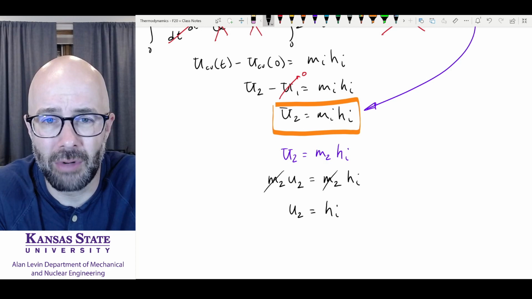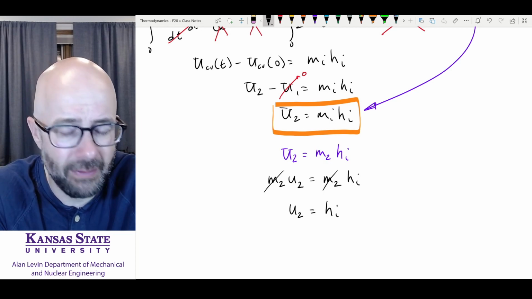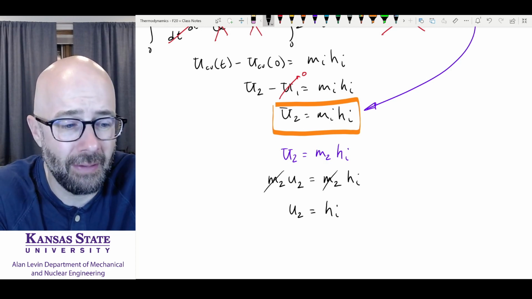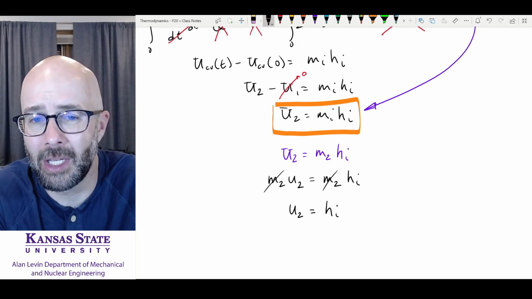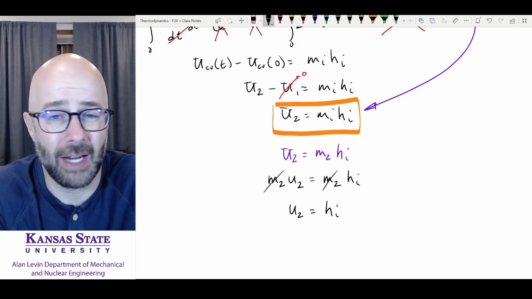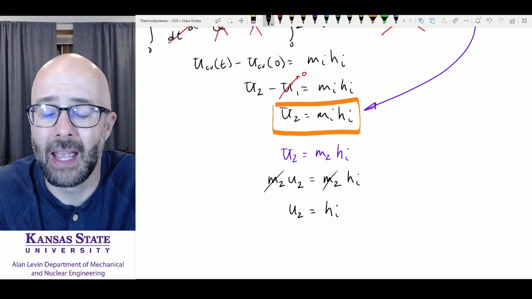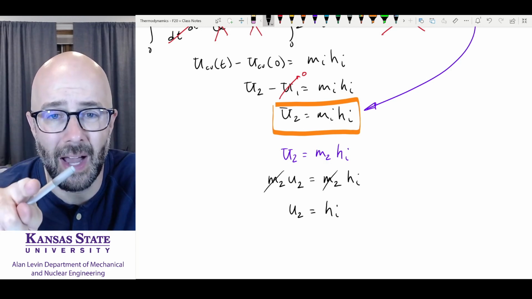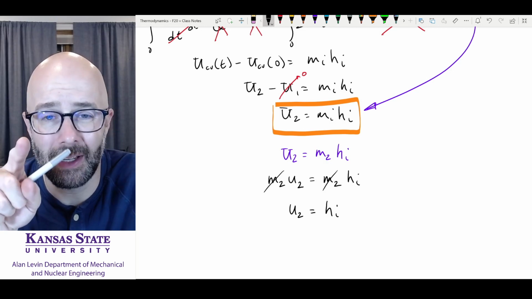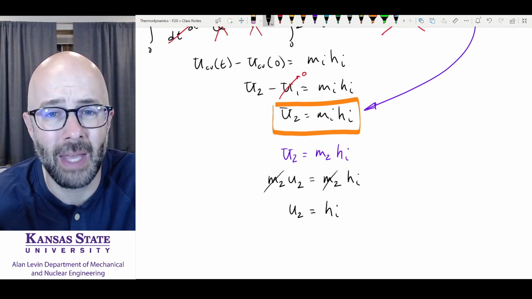Okay, so I want you to think about how you would solve this problem if it was a variable specific heat problem. Well, if it was a variable specific heat problem, you have enough information to set the enthalpy coming in. You could set that state. You know exactly what it is. And then once you set the state of the enthalpy coming in, you're going to go back to your ideal gas tables for air, and you're going to try to find when you have a u2 value, an internal energy value, that is equal to that enthalpy value.